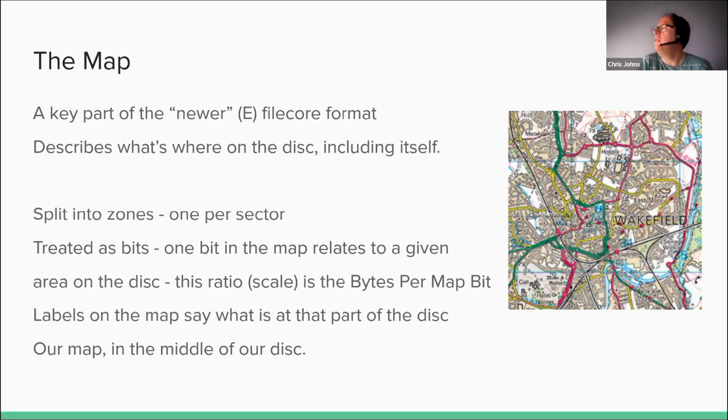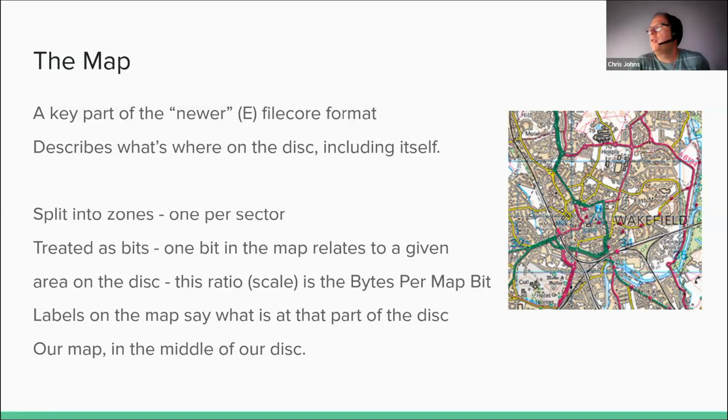So the main focus of what I'm going to be going over, I guess, is the map. There is a nice map of Wakefield there. I thought I had to pick Wakefield if I'm going to show a map. And basically, the map describes what's on the disk, much like a map of Wakefield shows you what's in Wakefield. 800 kilobyte floppy disks only had the map in one sector.